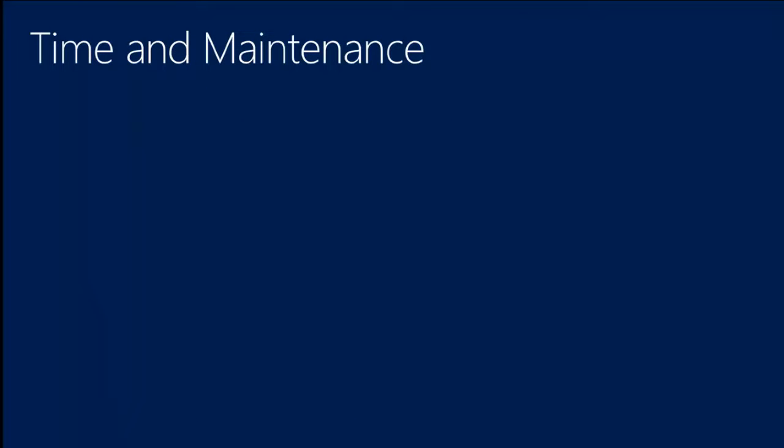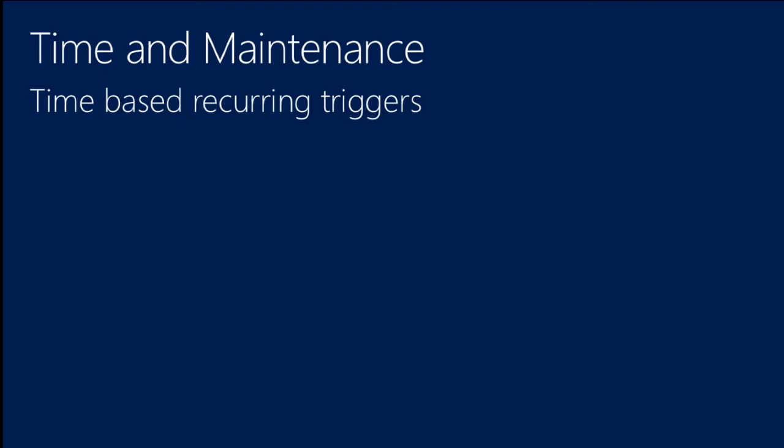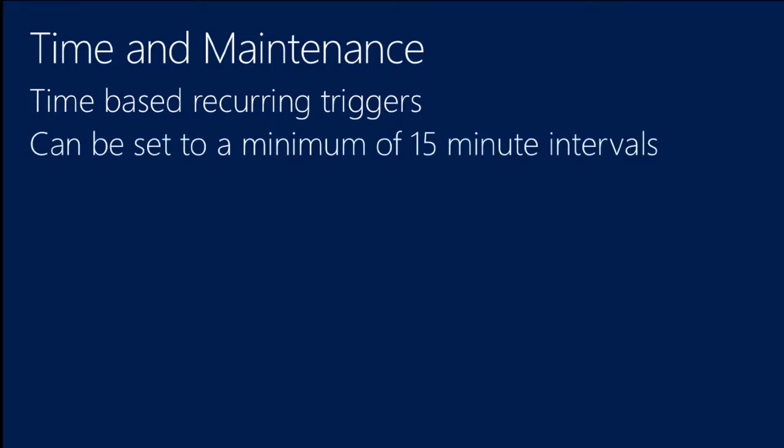The next two triggers we're going to look at together because they're both periodic triggers, the time and maintenance triggers, and their APIs are actually identical. If you look at the documentation, there's very little difference between the two. They're both time-based recurring triggers. They can both be set to a minimum of 15 minutes. Again, if the app is not on the lock screen, that 15 minutes will be turned into 2 hours.